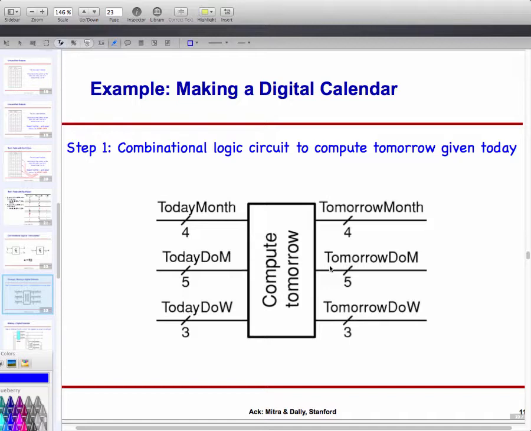The compute-tomorrow function takes today's representation and converts it into tomorrow's. In general, it would be complicated because you can have rollover happening across weeks or months. And this is a purely memoryless thing. It's a function which takes some input and creates a corresponding output, just a truth table entry.